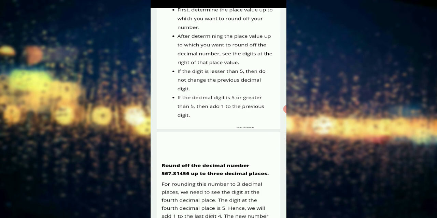If the digit is lesser than 5, then do not change the previous decimal digit. If the digit is 5 or greater than 5, then add 1 to the previous digit.